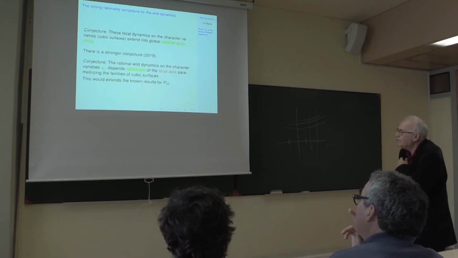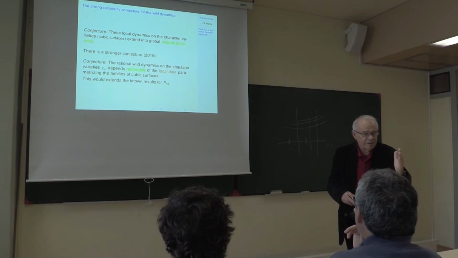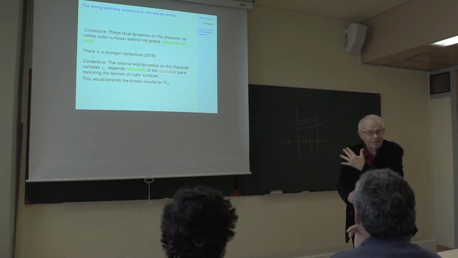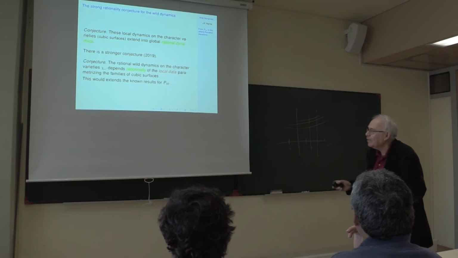And in fact, you have a stronger conjecture now, that this rational dynamic moves algebraically with the parameters. So that is, in some sense, on the right side, everything is algebraic. All the family, in some sense, is algebraic.